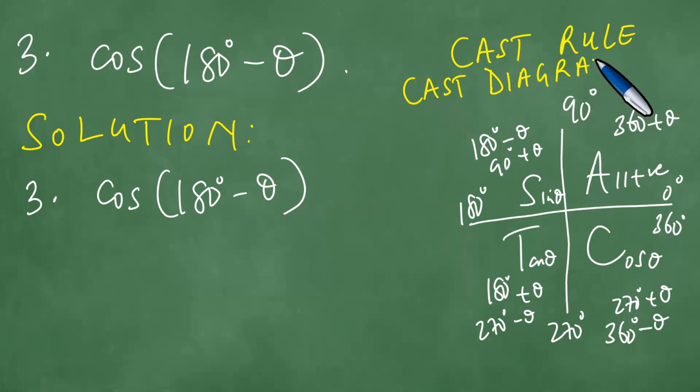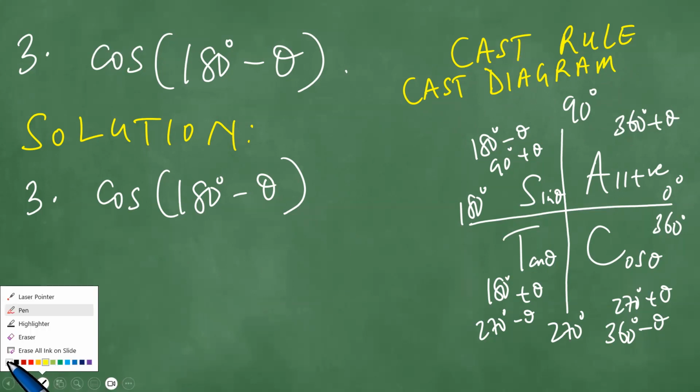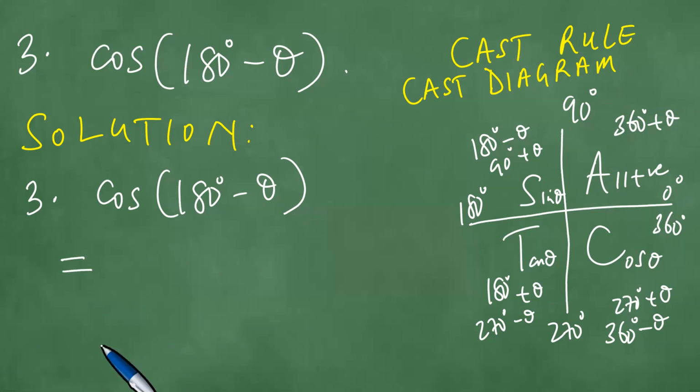Okay, Tando, we are back. In which quadrant is 180 degrees minus theta? From the CAST diagram, what do you think, Tando? It is the second quadrant. Well done, exactly.